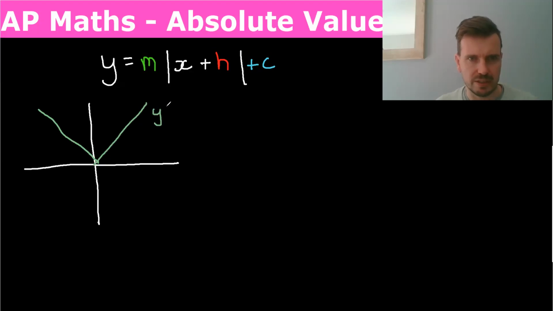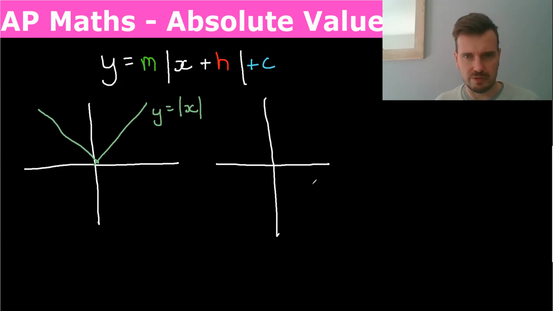And that was y equals x. So now what these values do, the m, we know, changes the gradient.